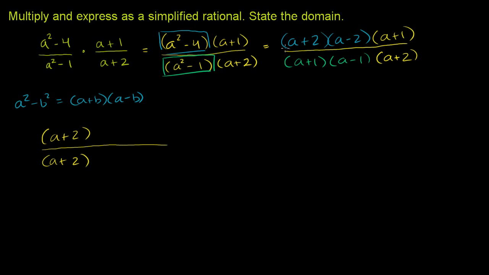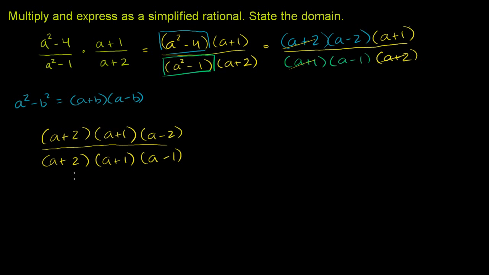Then we have an a plus 1 in the numerator and an a plus 1 in the denominator. And in the numerator, we have an a minus 2, and in the denominator, we have an a minus 1. So all I did is I rearranged the numerator and the denominator. If the same expression was in both, I just wrote them on top of each other, essentially.